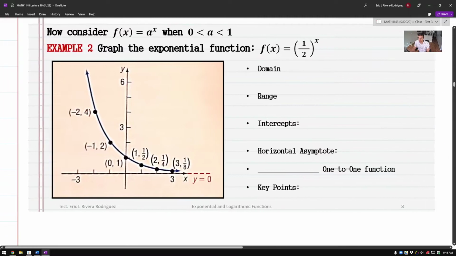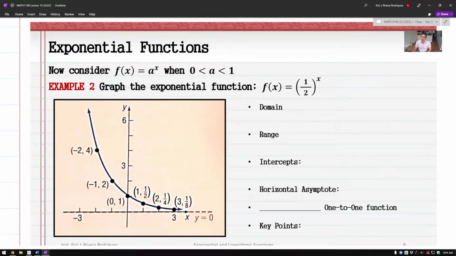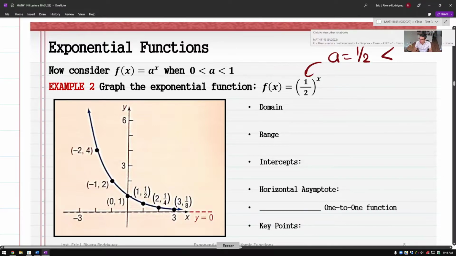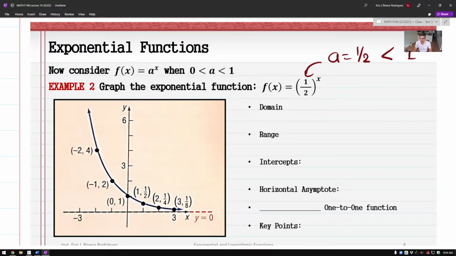Okay, so now we have sample number 2, where the value of a, the base value, is 1/2, which is less than 1. Also, it's greater than 0, but now it's less than 1.